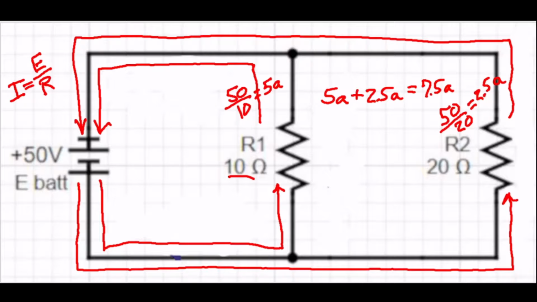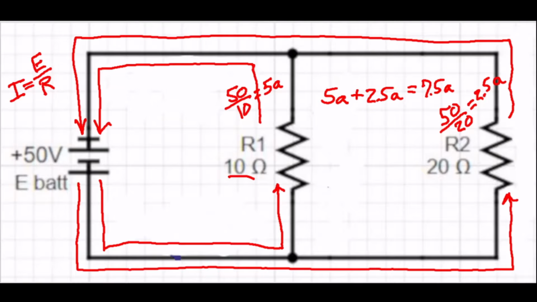And this is a good point to go back and look at the water image, the water metaphor for current. If we think of resistance as being a pile of rocks in a stream, that pile of rocks is going to be resistant to the water flowing over them, to the current. Okay?